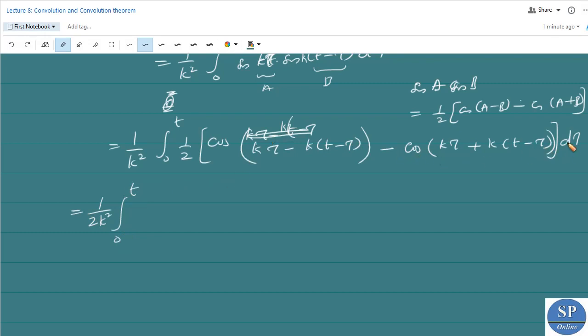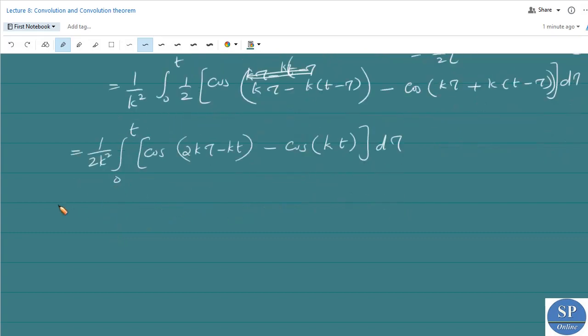So this is equal to 1 by 2k square into integral 0 to t, integrating with respect to tau. This is cos of k tau minus kt plus k tau, so 2k tau minus kt, minus cos of k tau minus k tau plus kt, so cos kt, into d tau.